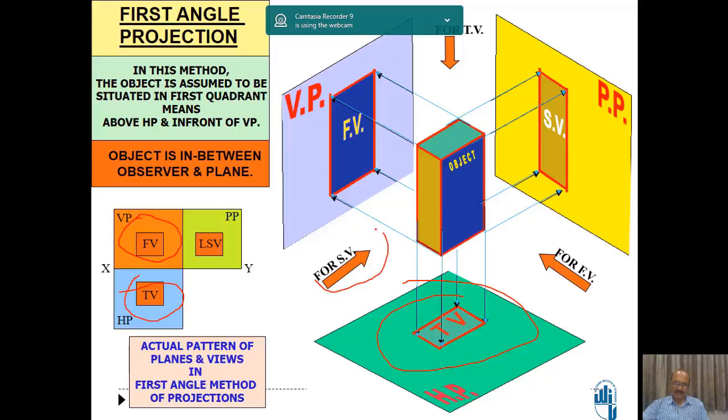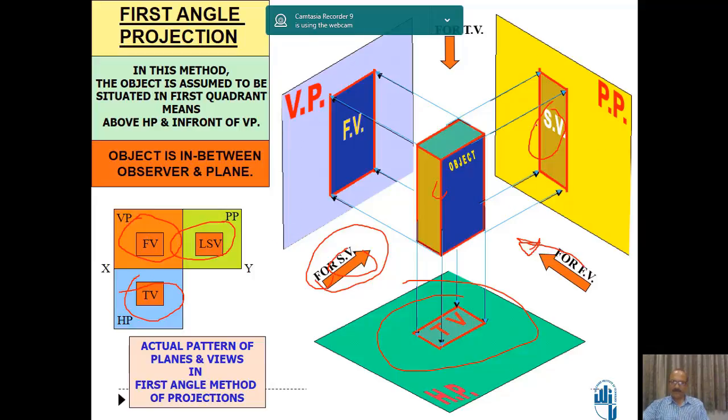This top view is located here as a top view, and this one we are going to observe from the left hand side of the observer. This is the observer. From the left hand side of this observer, we observe this object, and we locate it here as a side view, a left hand side view, and this left hand side view is considered to be on the right hand side of the front view.